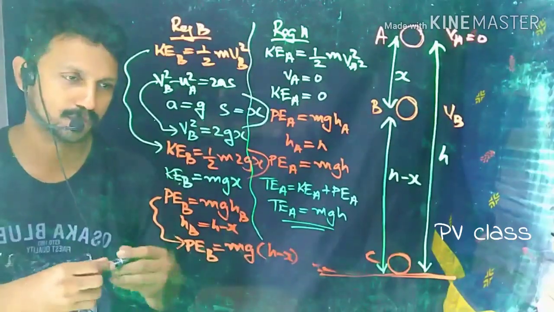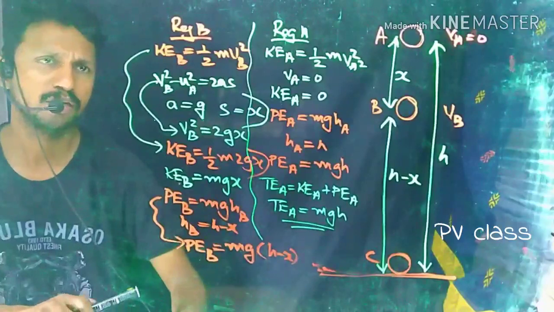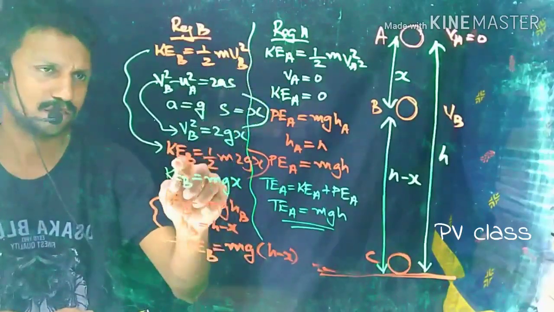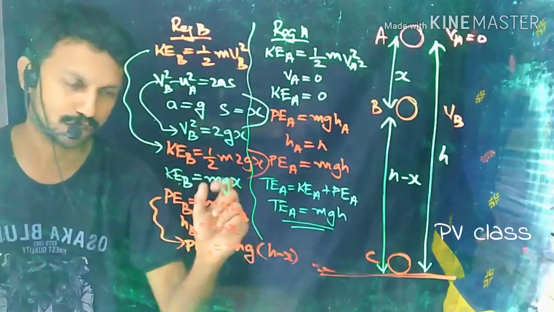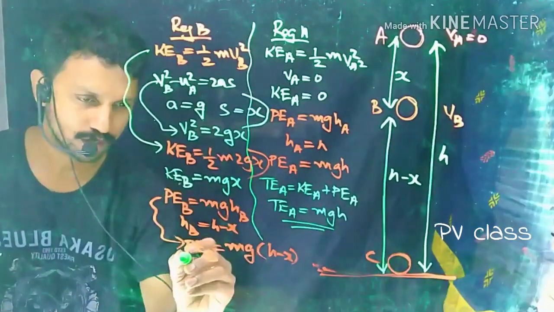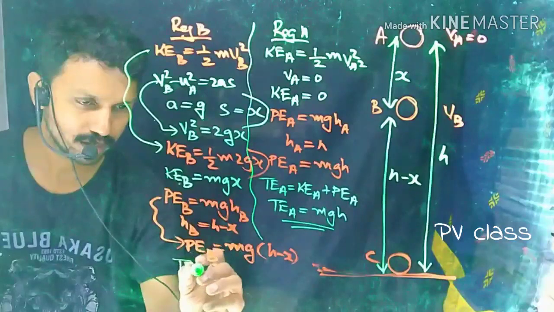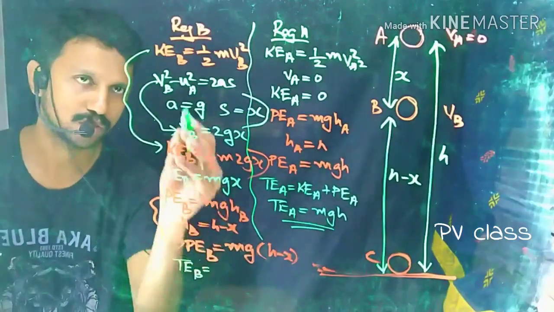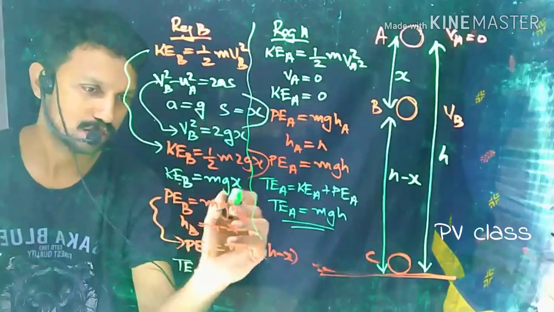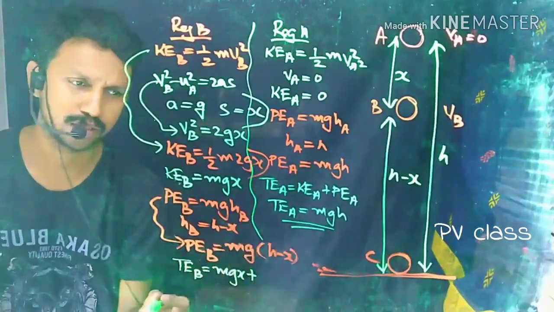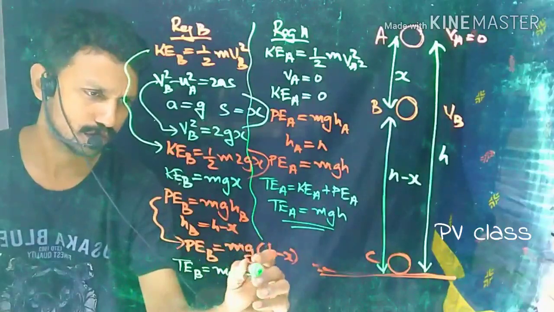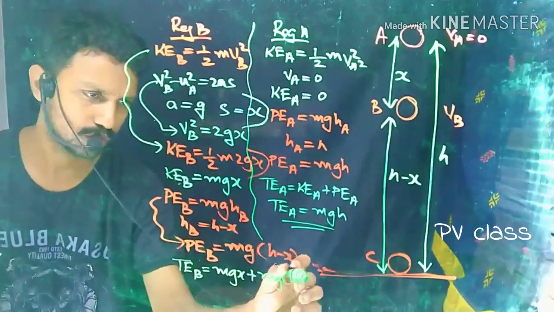Okay. Now we have kinetic energy at region B and potential energy at region B. Then we could write total energy at region B is equal to kinetic energy at region B, that is mgx, plus potential energy at region B, it is mg into h minus x.